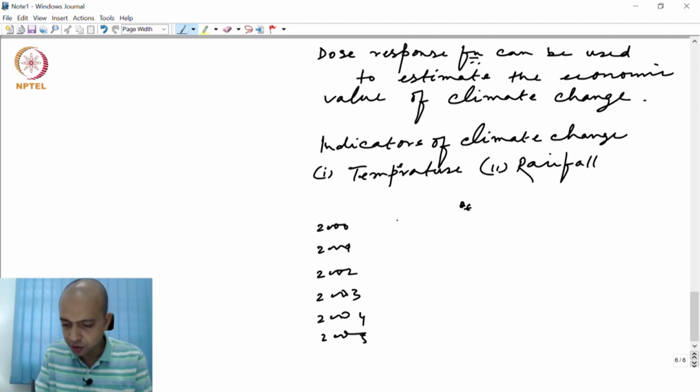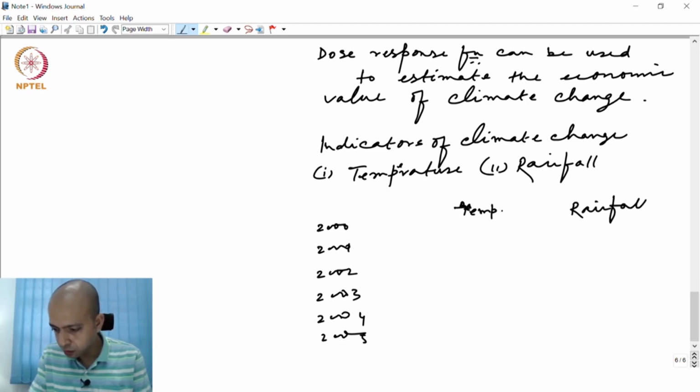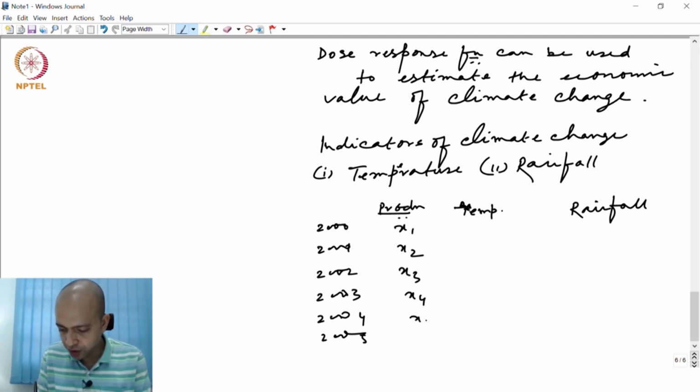Like that, we have temperature and we have rainfall data. And we also have production. Let's say that is production of wheat. Okay, this is x1, x2, x3, x4, x5, x6.